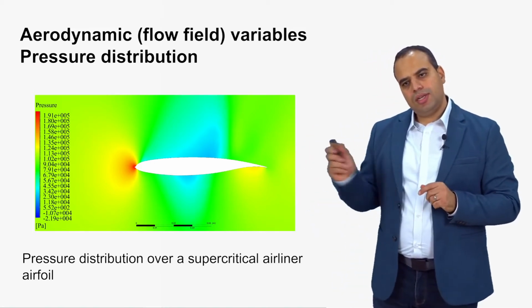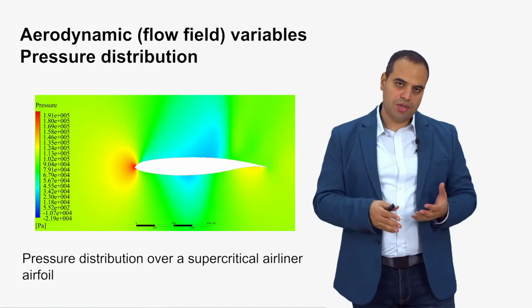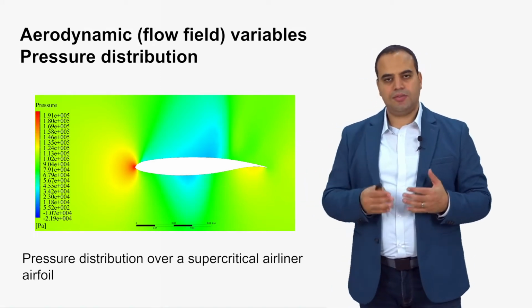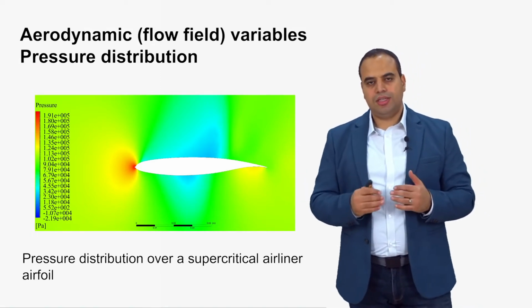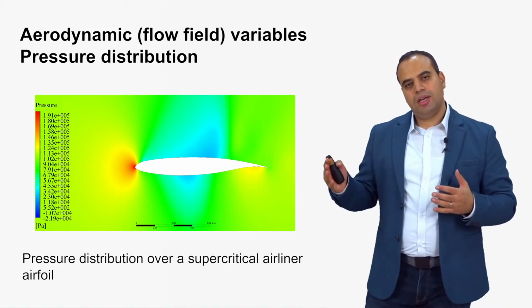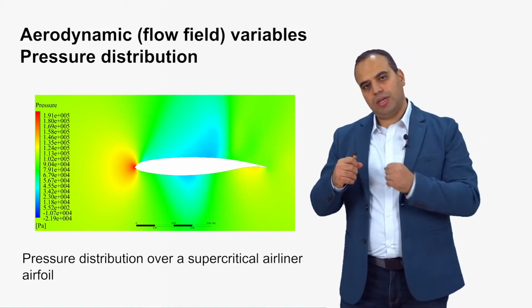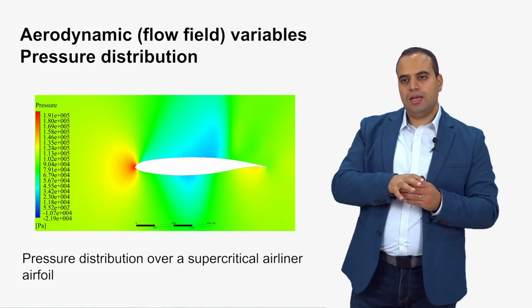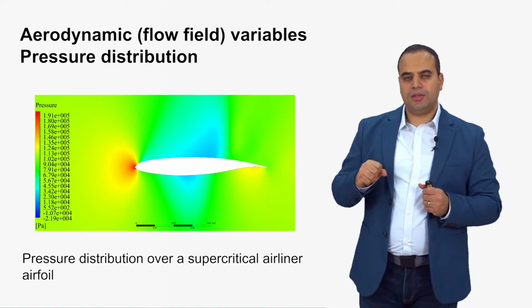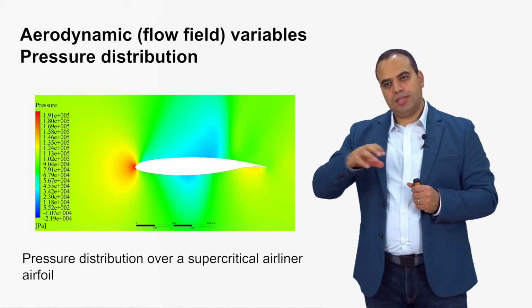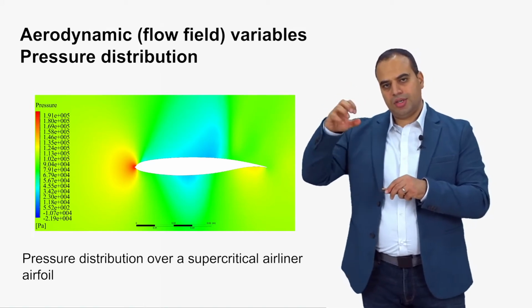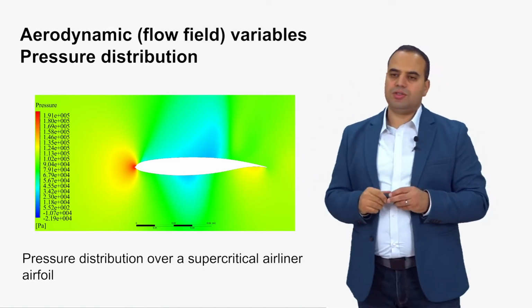The red color here indicates very high pressure, while the blue color indicates very low pressure, or depressurization, right? High pressure means pushing against the object, while low pressure means a sucking force, like a vacuum cleaner, a force acting in the opposite direction rather than against the surface.